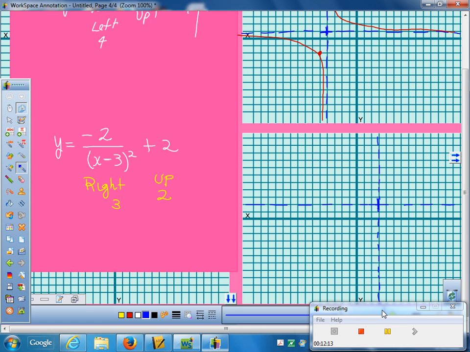What does a negative on front like that do to it? It flips you up and down or sideways? In this case, a negative out front, on top, is upside down. So if your normal curves were up top side by side, where are they now? Now they're on the bottom side by side.